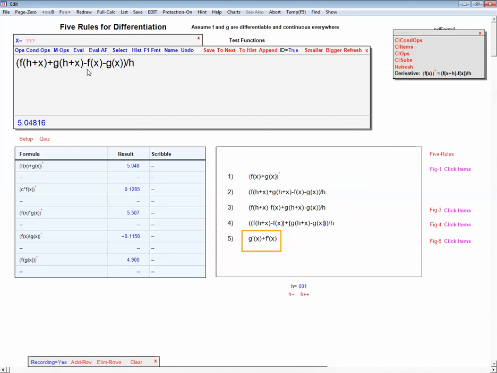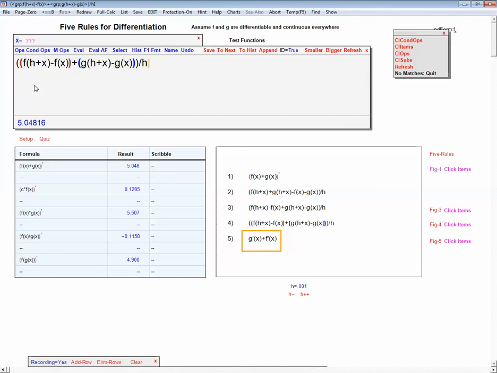Now what we're going to do is just rearrange. We're going to take this f of x here, and we're going to move it over. And then we're going to group these two things together. We want to think of them as a team. So let's just make that a group, and these two things as a group.